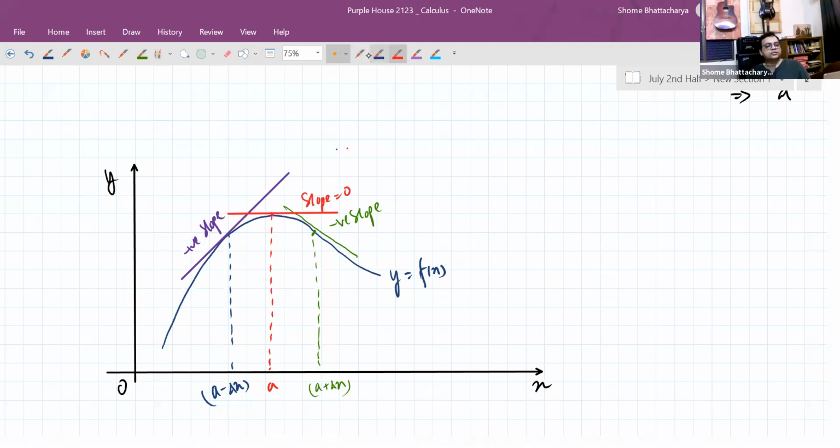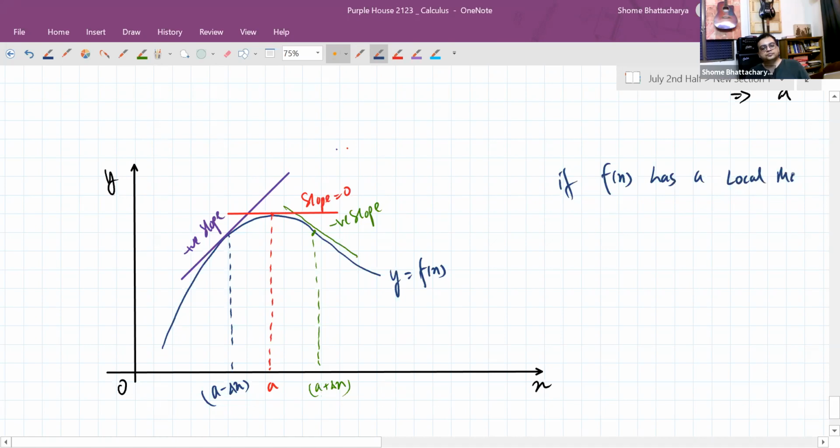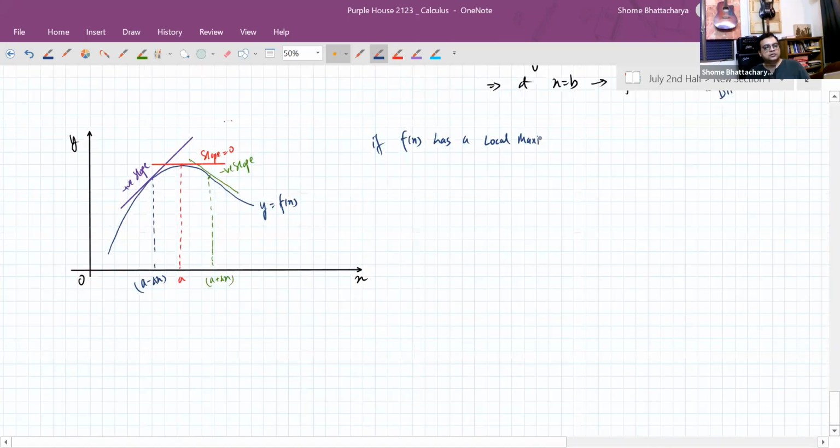So what I notice is that if f(x) has a local maxima at that point A, then the derivative, f prime of x, should be positive at x equal to A minus delta x.